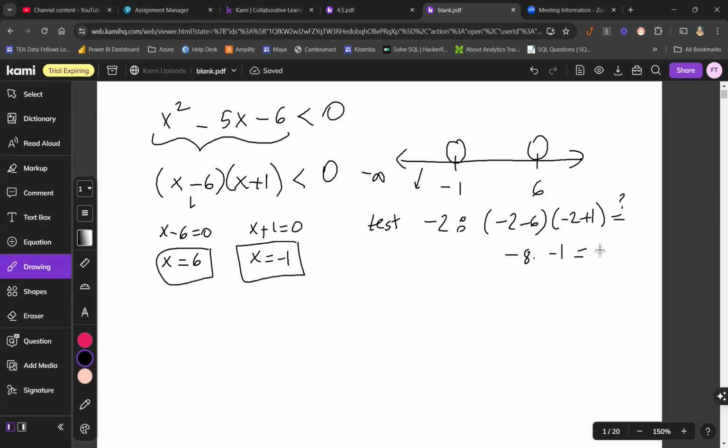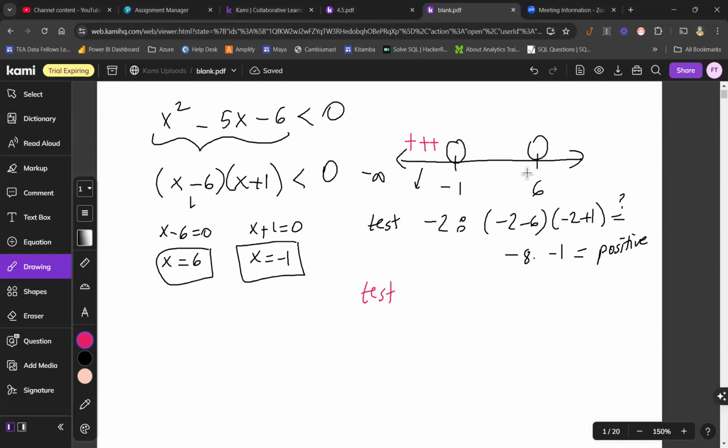And when I multiply two negative numbers, I will get a positive value. This means anytime I use a number between negative infinity and negative 1, I am going to get a positive answer, which is not for this problem. This problem wants only the negative region. So this region will be rejected, because whenever we use an x value from this region, we receive a positive answer.